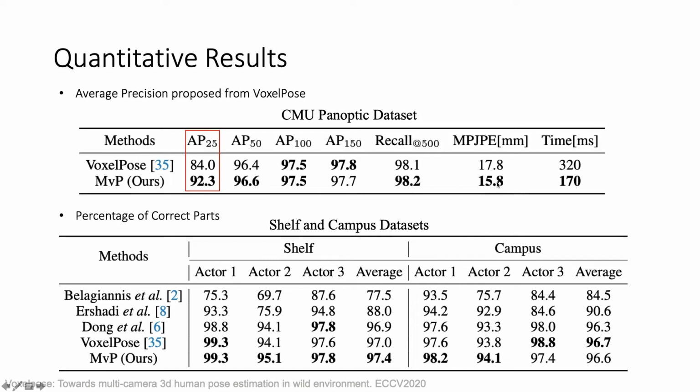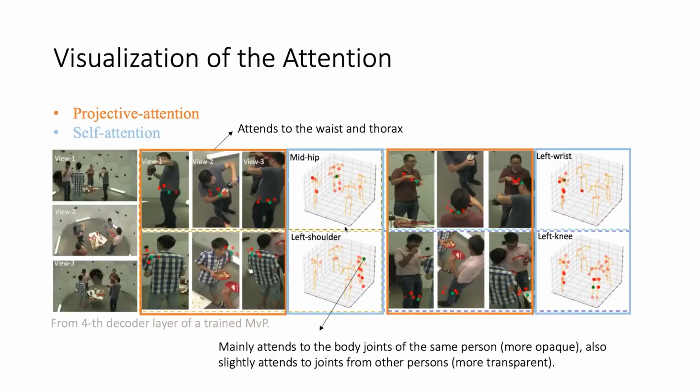This indicates that the pose quality of MVP is much higher than that of VoxelPose, and also the inference time is much less. On the shelf and campus datasets, our method also achieves comparable or better performance to the state of the art.